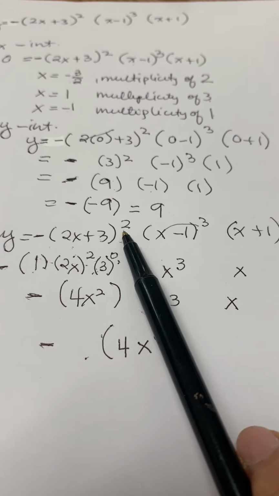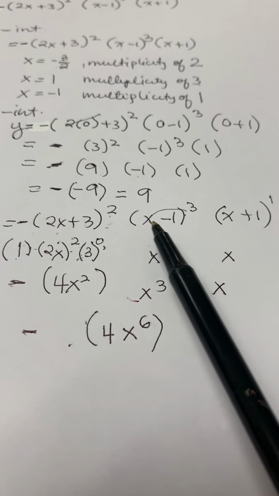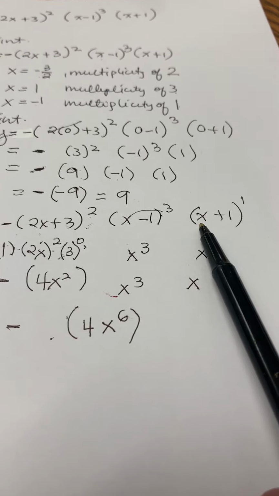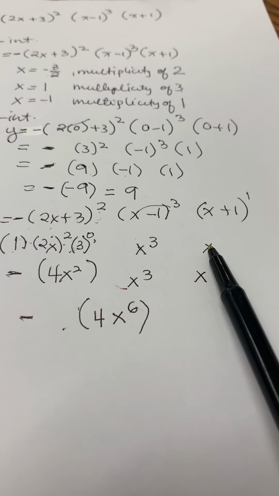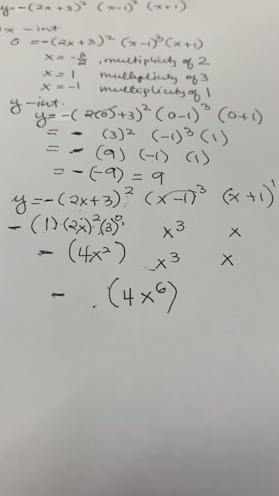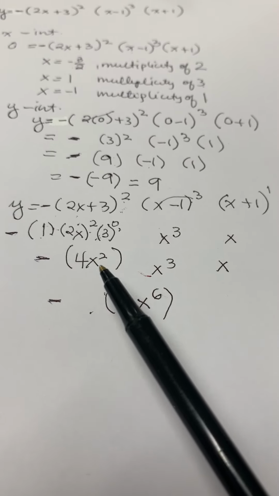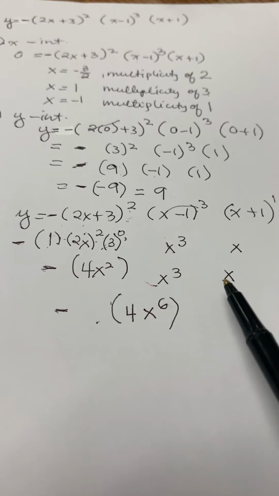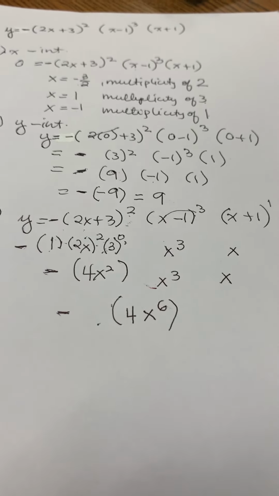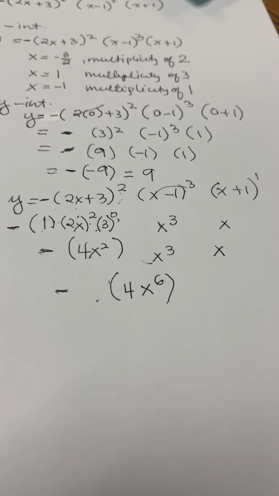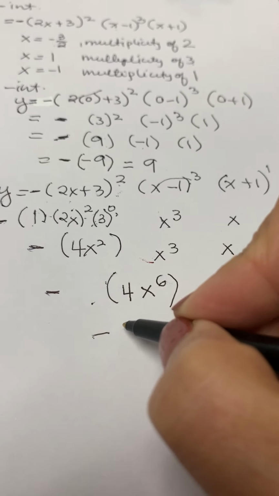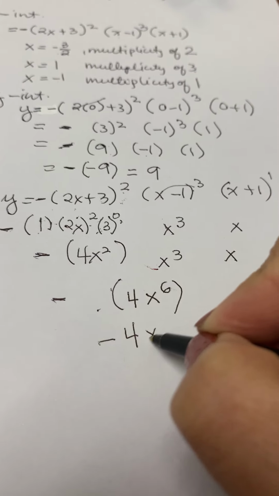So 2x squared is just 4x squared. I'm going to raise this to the power x to the 3. I'm going to raise this to that power x. Then I'm going to multiply these 3 first terms of the expansion. And that's going to be 4x to the 6. You add the exponents. And so that will be negative 4x to the 6. So when you simplify, that's going to be negative 4x to the 6.